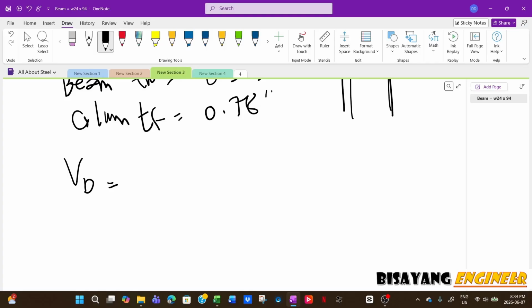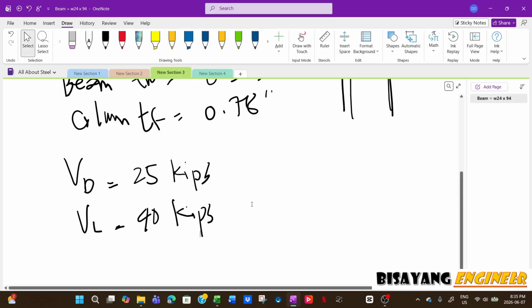So, I mean, if this is metric, the procedure will still be the same. So say for example, dead load is 25 kips, and then shear for live load is 40, for the sake of discussion. So this is 40 kips.